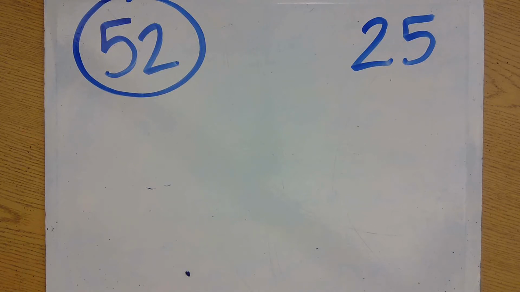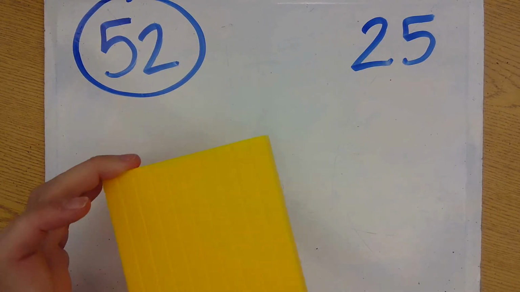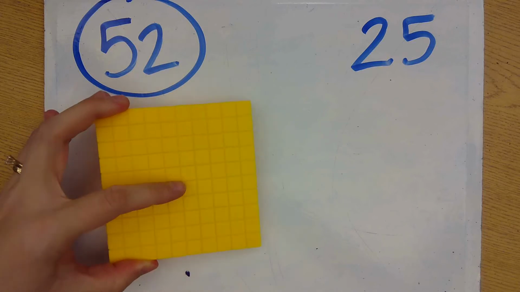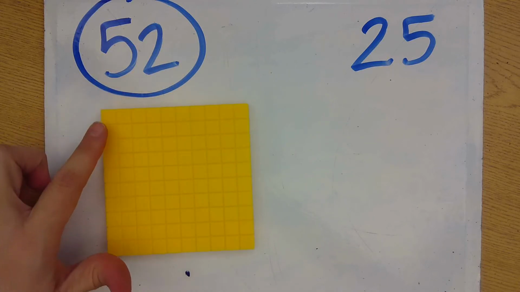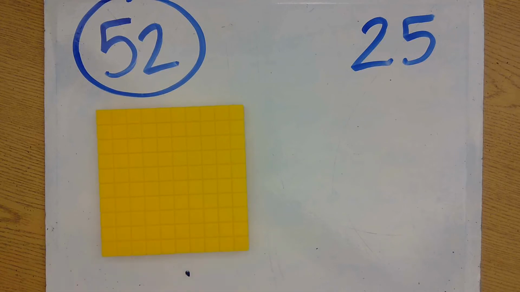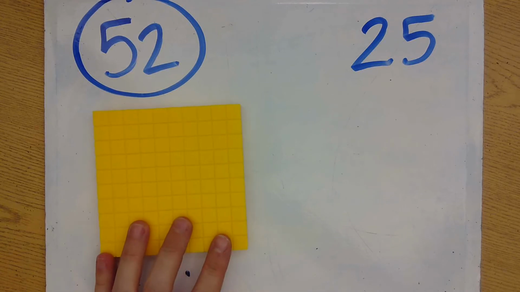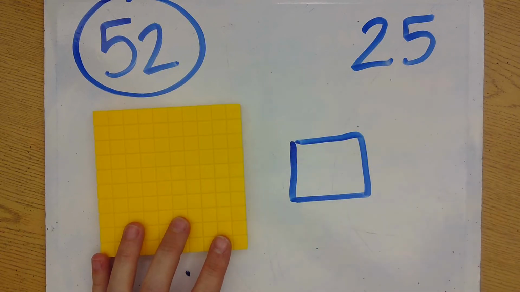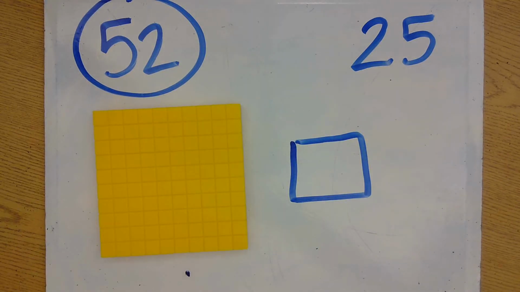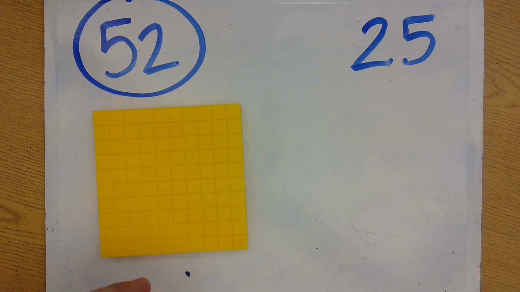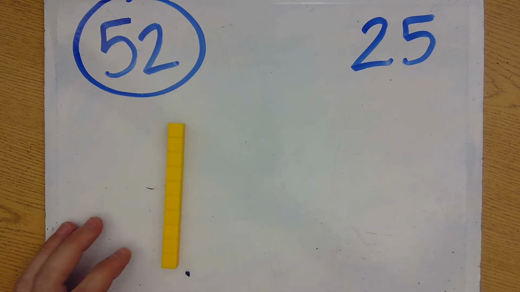Before I begin showing you what 52 looks like, I just want to show you what base 10 blocks look like. This is what we call a flat, and there are 100 cubes inside of a flat. We usually represent it by drawing a big square like this on our papers. The next base 10 block that we use that's very common is called a long.